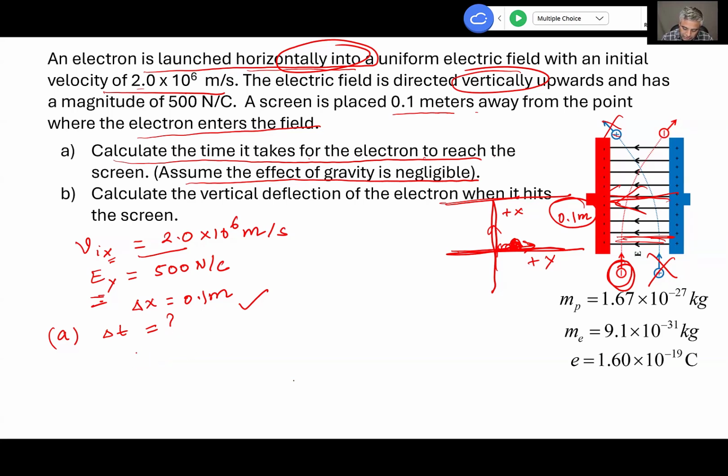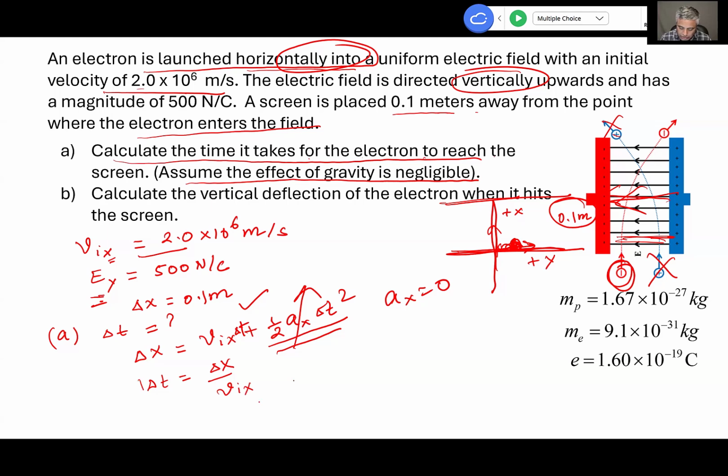So it looks like we should be using this equation here: delta x is Vix times delta t plus half Ax delta t squared. Acceleration in the x direction is 0. See, Ax is 0 because the field is vertical. So that tells us the time interval is going to be just delta x divided by Vix. And we know both of these.